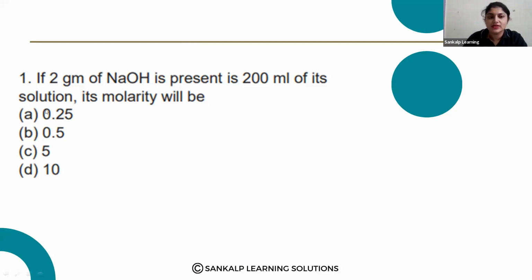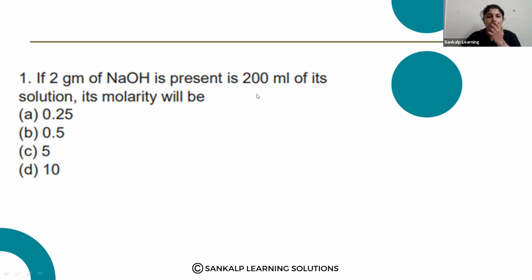The first question is: if 2 grams of NaOH is present in 200 ml of its solution, its molarity will be? So how will you calculate it? What is molarity?